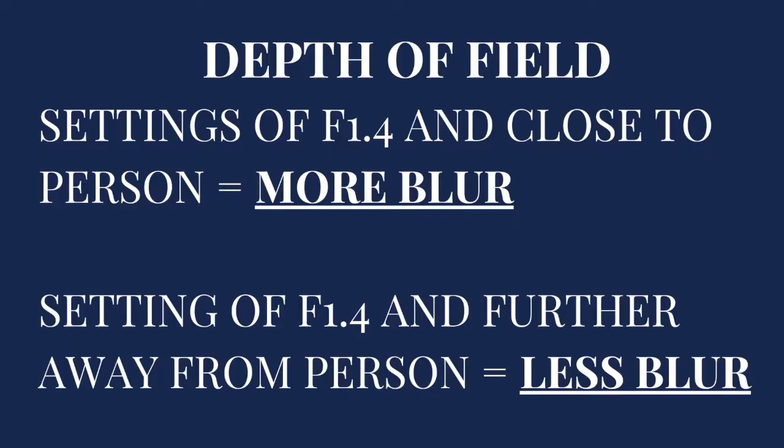Okay, so let's think about settings. For example, if you have an f-stop set at 1.4 and you're close to the person, you're going to have more blur. If you have a setting of f1.4 and you're further away from the person, that background is going to have less blur.